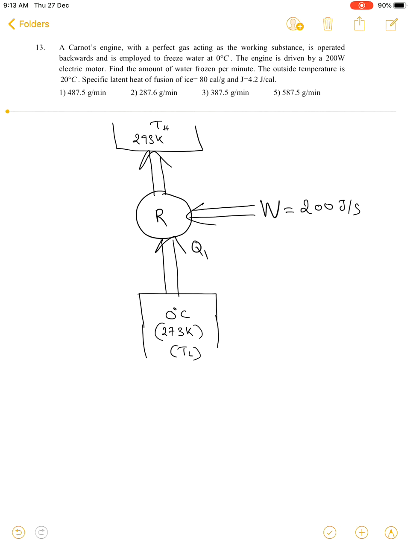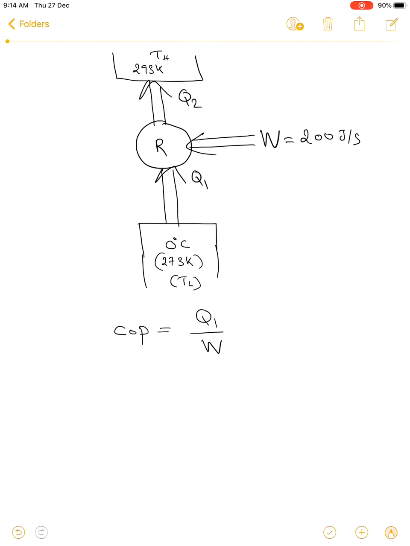Specific latent heat of fusion of ice is also given 80 calorie per gram, and the conversion factor is given that 1 calorie is equal to 4.2 joules. So here you can write, if it is removing an amount of energy Q2 to the surrounding, then we know the equation for its efficiency, or if you are writing the equation for coefficient of performance of this refrigerator, that will be equal to Q1 divided by W. Now according to conservation of energy, we can write this Q1 plus W is equal to nothing but Q2.